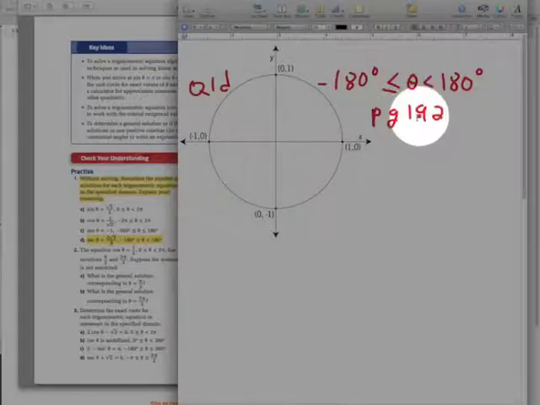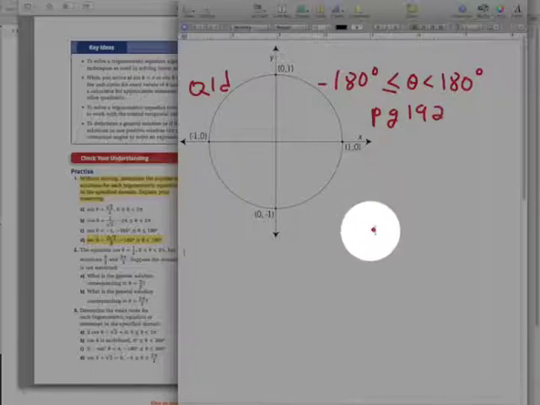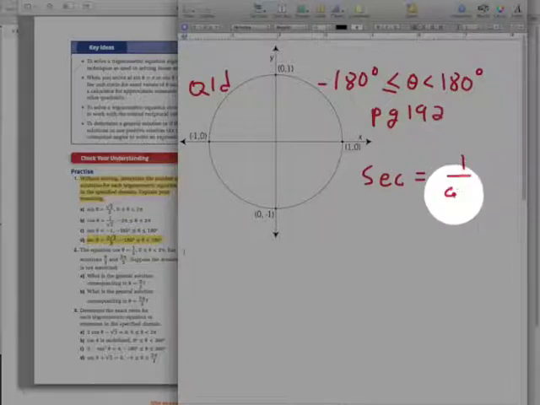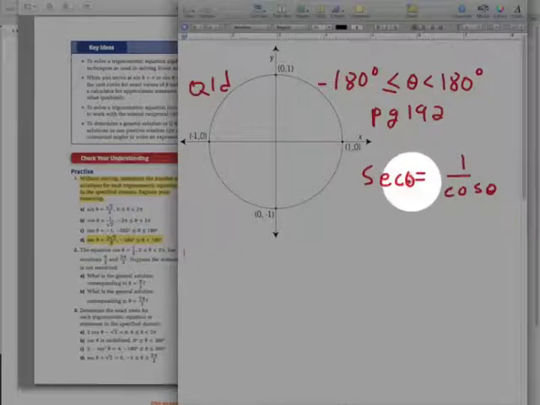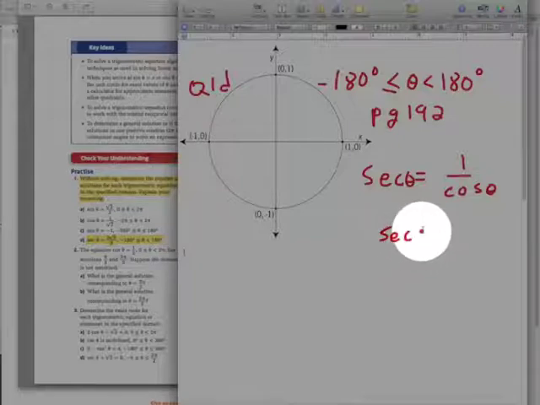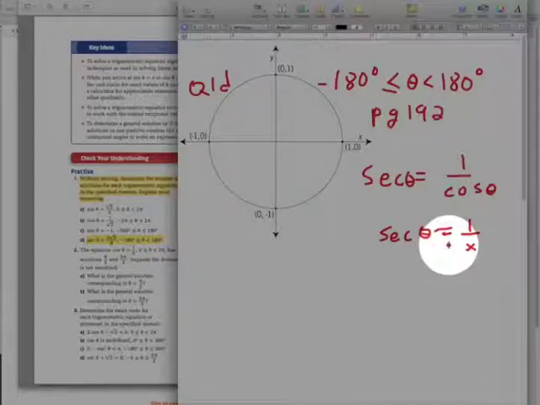So if I'm dealing with secant, keep in mind that secant theta is equal to 1 over cos theta. I always seem to forget the theta there. And remember that cos theta is x. So what they're saying here is that secant theta is equal to 1 over x. That's the important part to think about when we're dealing with that.